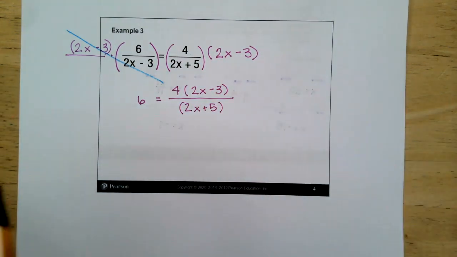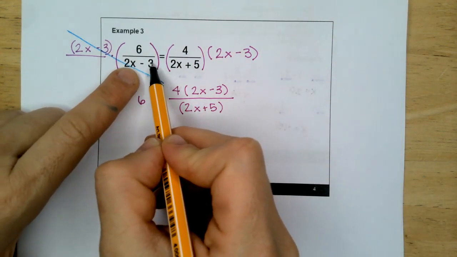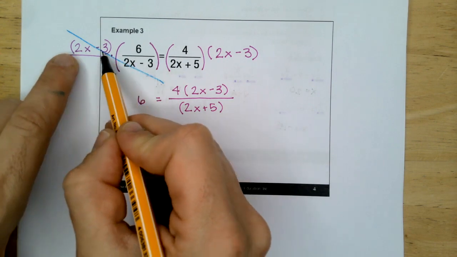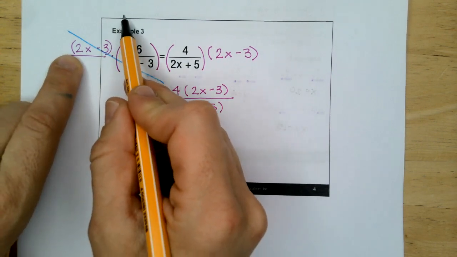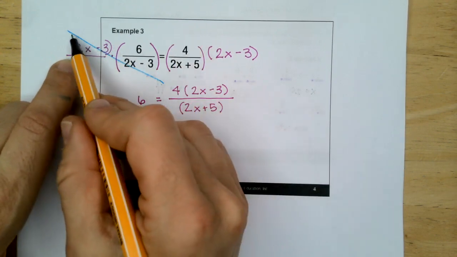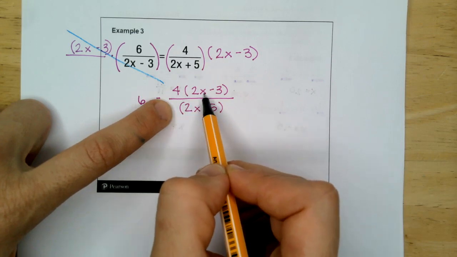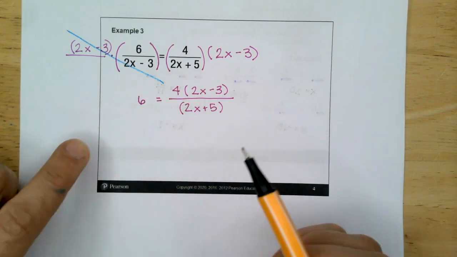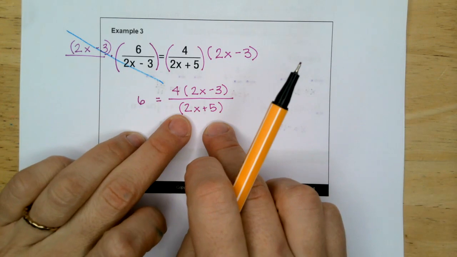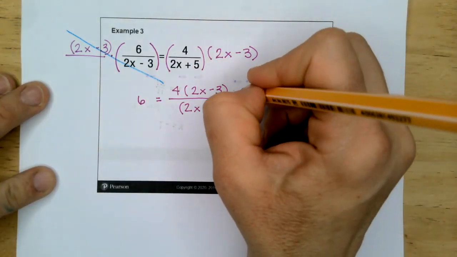So in order to get rid of the 2x minus 3, I multiplied that whole binomial by every term. There were only 2 terms, by this term and by this term. What I got was cancellation, so I just got my number here, and here I got 4 times 2x minus 3. Now, I still have one denominator, right? That denominator, I don't want it here either.